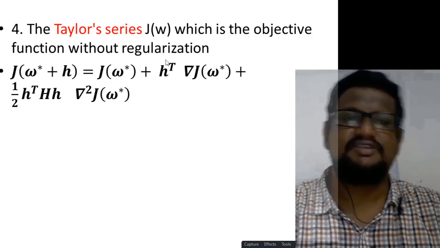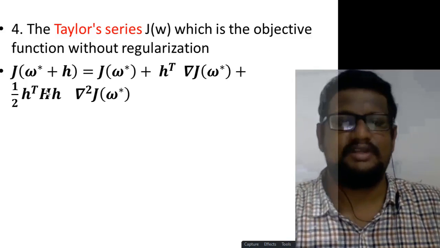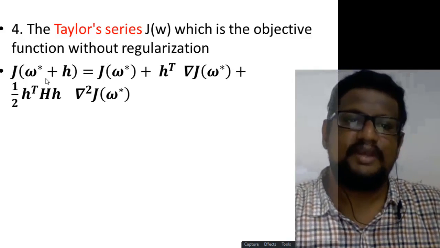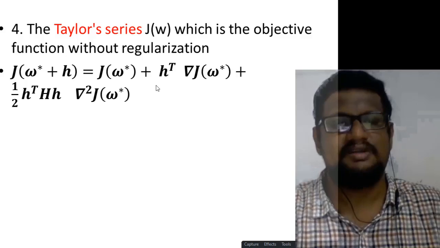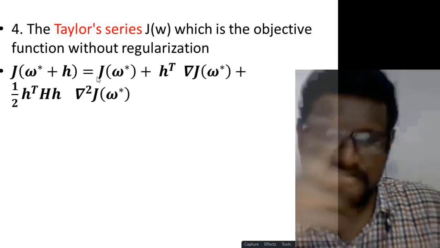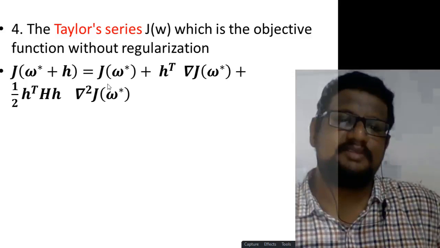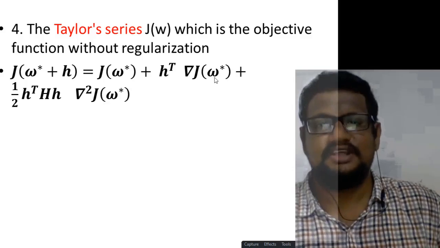When you take up the Taylor series for J of omega, which is the objective function without regularization, J of omega star plus h is equal to J of omega star plus h transpose del J of omega star.